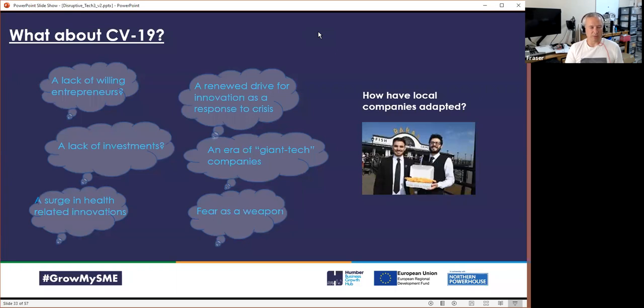I don't think so. I think there was more investment, certainly from government, in ways to tackle COVID-19, but also to recover from it. And we saw people become very innovative around health, things like testing. People made a lot of money from that. Fear as a weapon is a strange concept, but I guess we all went out and bought hand gel.